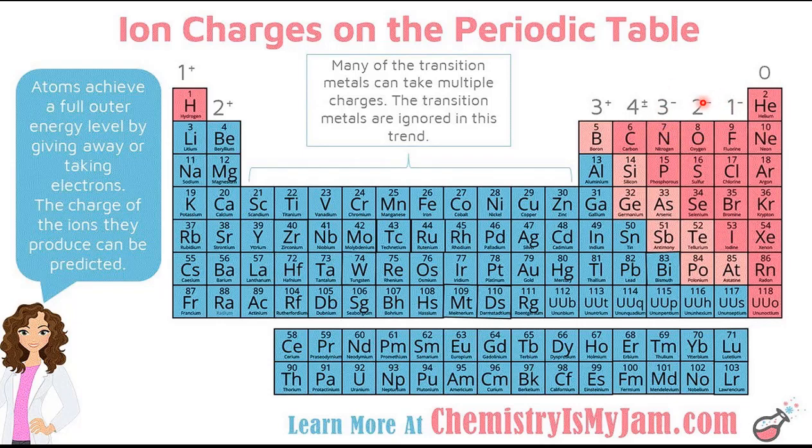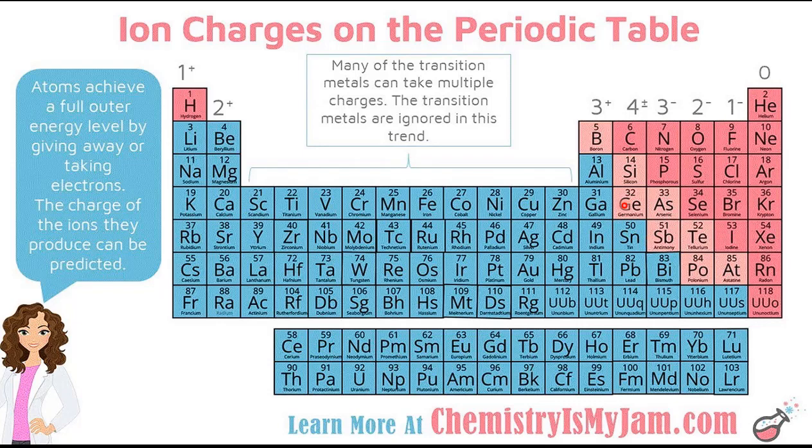Oxygen, 1, 2, would like to pick up 2. If it helps you guys, you can write this on your periodic table that I have handed out to you up top. And so maybe that will help you remember what charges different elements will take on if it is to become an ion.